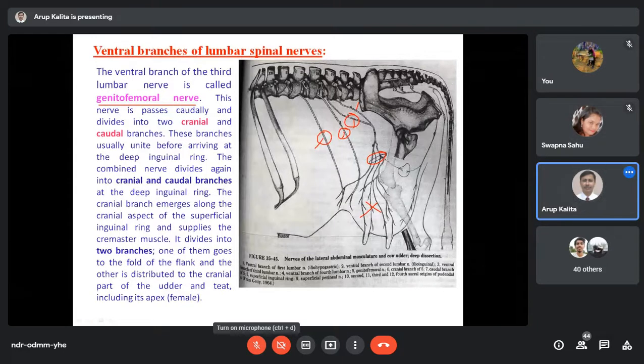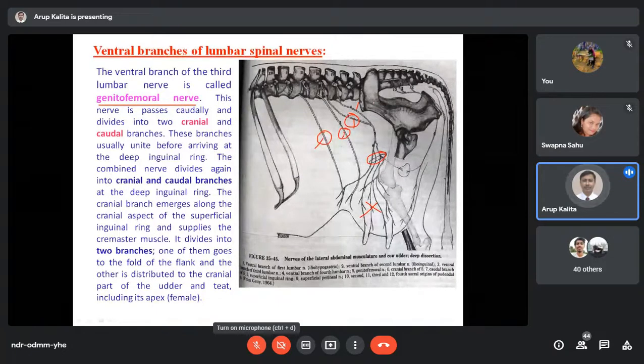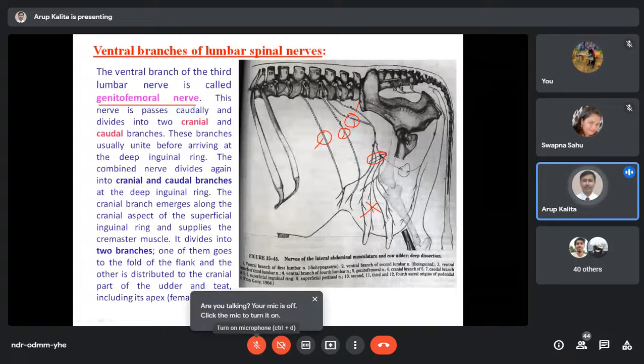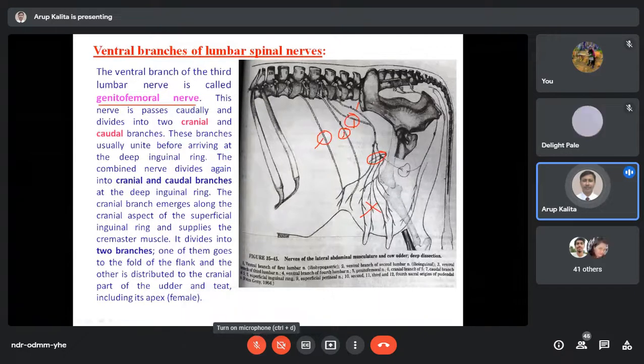So this is a plexus formed by the ventral branches of the fourth, fifth, and sixth lumbar spinal nerves, and S1 and S2 sacral spinal nerves. That is the lumbosacral plexus, and this plexus will form different nerves that will supply the hind limb. The brachial plexus supplies the forelimb, the lumbosacral plexus the hind limb.